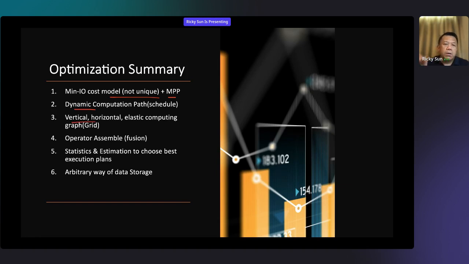In a grid setup, there are vertical, horizontal, and elastic computing graphs that can be leveraged. Also, operator assembling and statistical estimation to choose the best execution plans. Of course, there are arbitrary ways of data storage you need to handle.